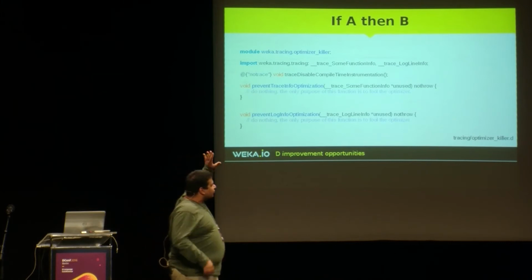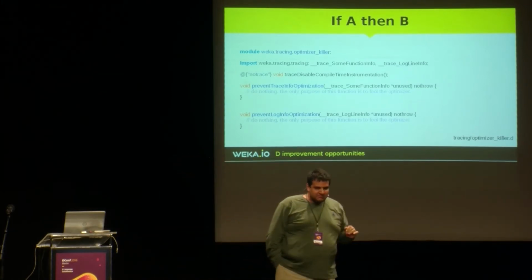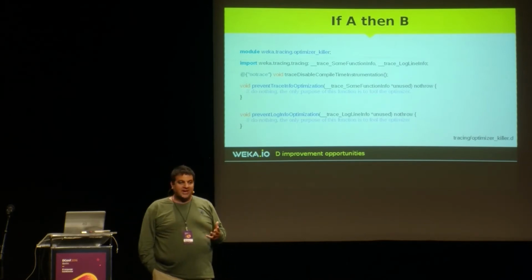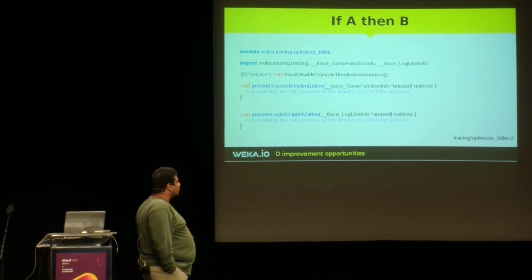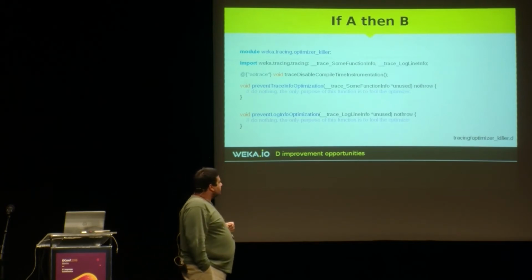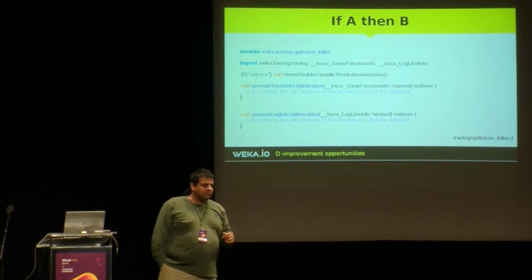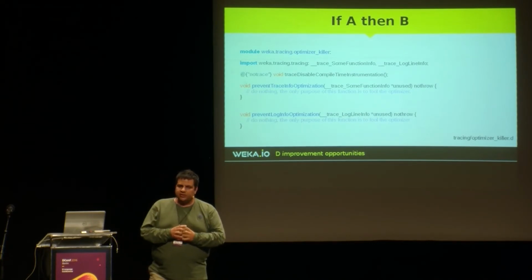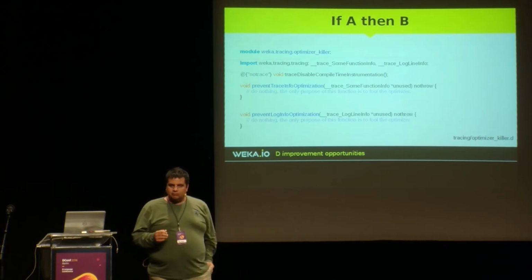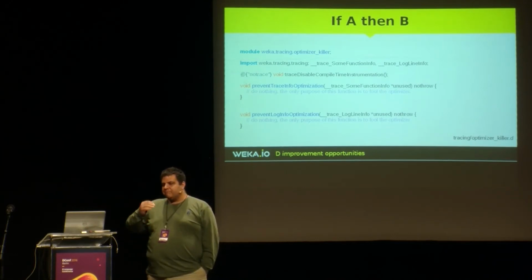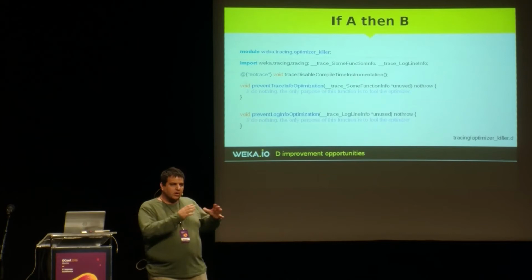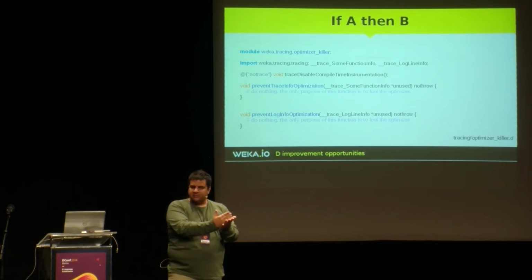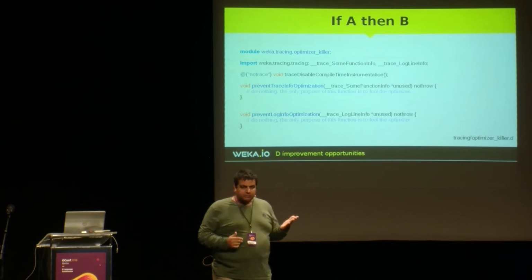But this, again, is actual code from the Weka code base. And you really don't need to read anything beyond the name of the file in which it exists. In the specific example, Weka is automatically wrapping functions with a tracer. So whenever you write a function, merely calling it gives a log that says we entered the function, we exit the function, these were the parameters coming in, this was the return value.